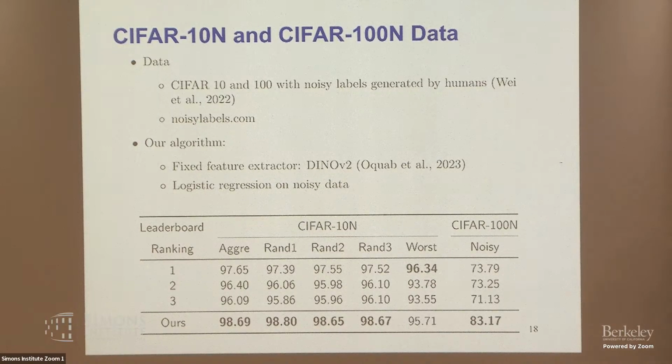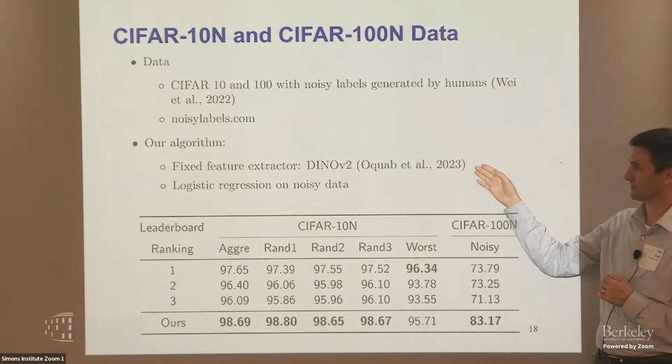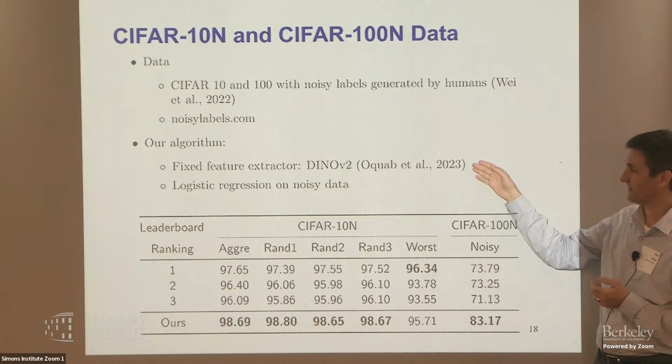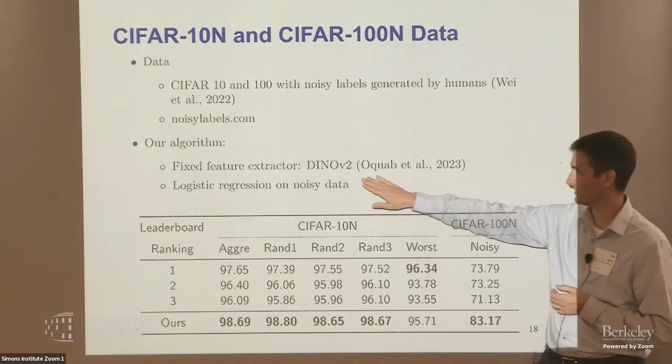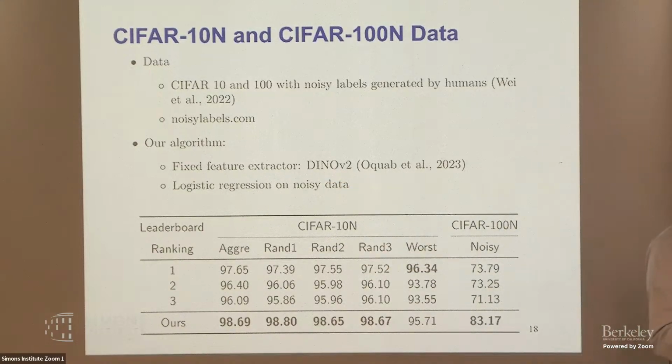So we looked at that, and I don't want to convey that our algorithm is any kind of innovation, but what we did is we took a fixed feature extractor, one that was published last year, DINOv2. This is a foundation model for images that was trained by self-supervised learning using all the latest and greatest techniques and tricks for image data.